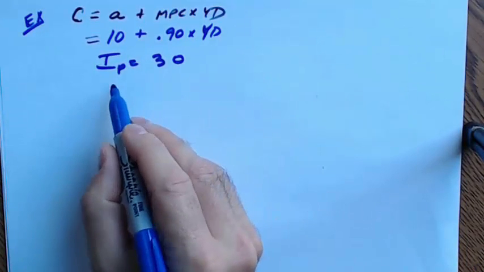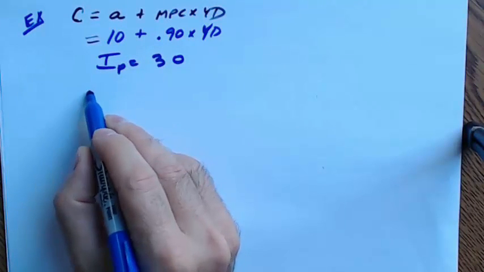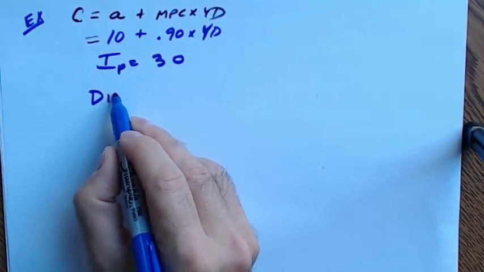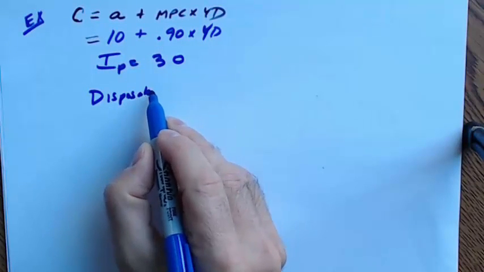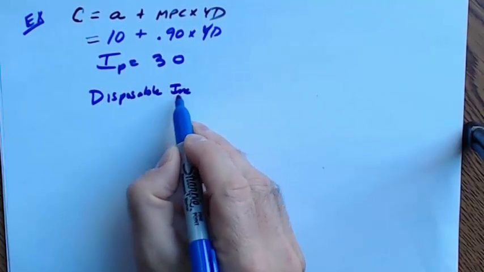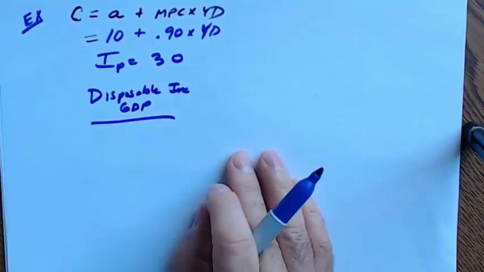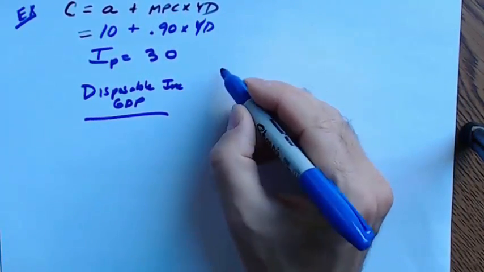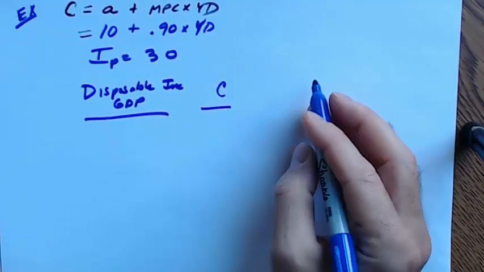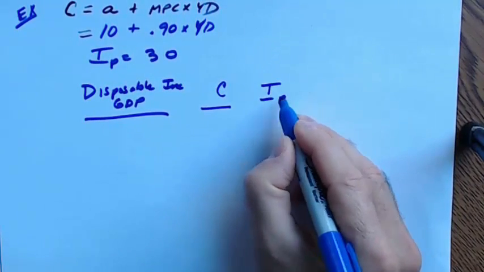So what we're going to do is put here disposable income / GDP. So this is disposable income GDP right here. Here is consumption. Here is planned investment.